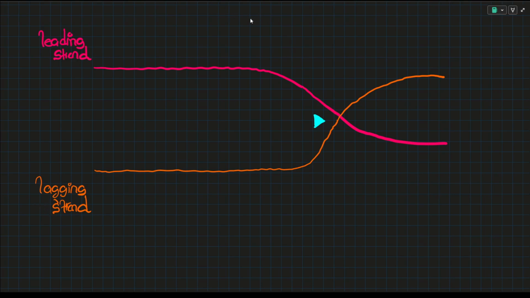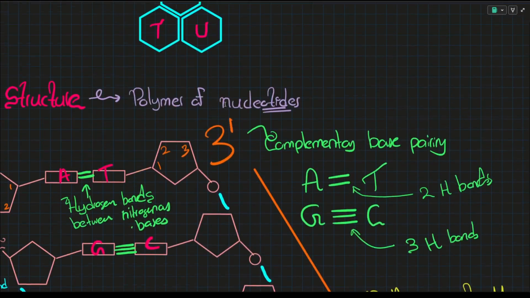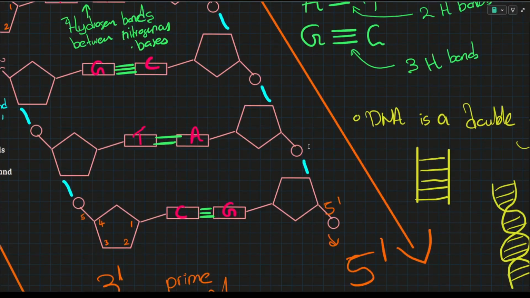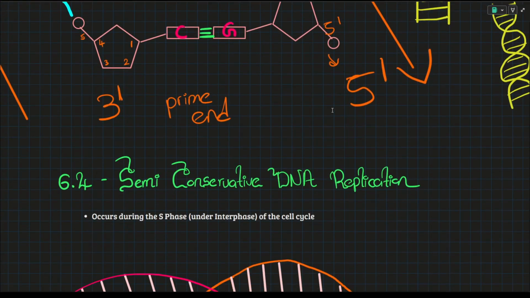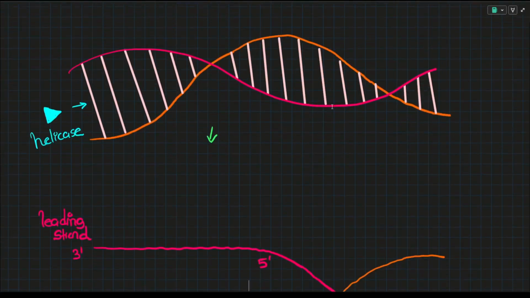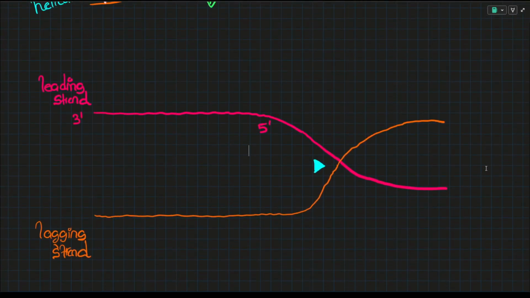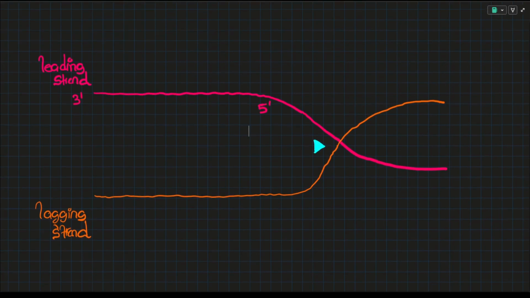Now, the only difference is the leading strand runs from 3' to 5'. What on earth is that? That's not new to you. If you refer to DNA structure, the previous lecture series, you will understand what this 3' and 5' business is.